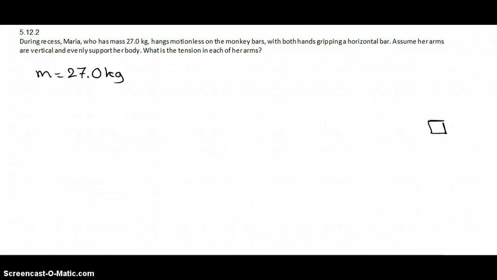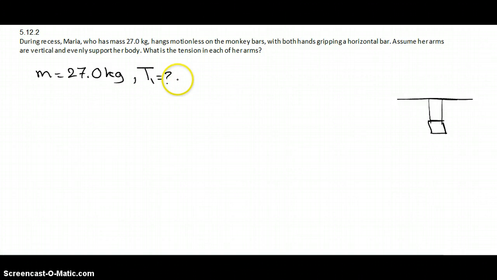And with both hands gripping a horizontal bar. So what's happening is that there's a horizontal bar on top and she is using both her hands to grip it. Assume her arms are vertical and evenly support the body. What is the force of tension on each arm?